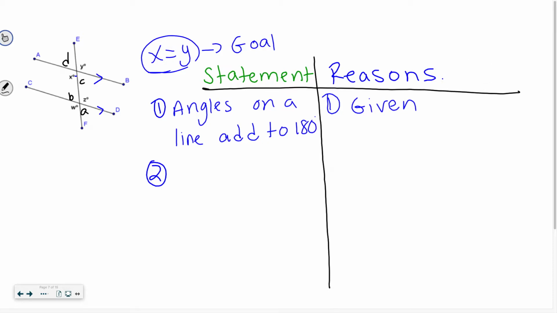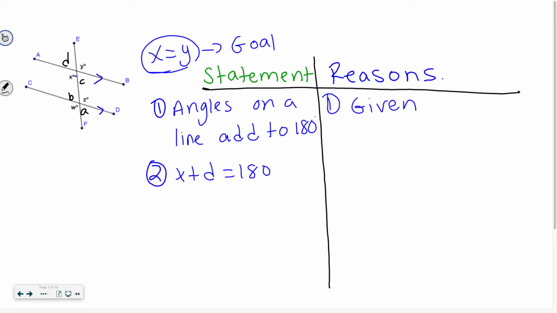The first thing you're always going to write is what is given to you. Number one is what I've given to you. The given is that angles on a line add up to 180. That's what I gave you. And your reason? Well, I gave it to you.